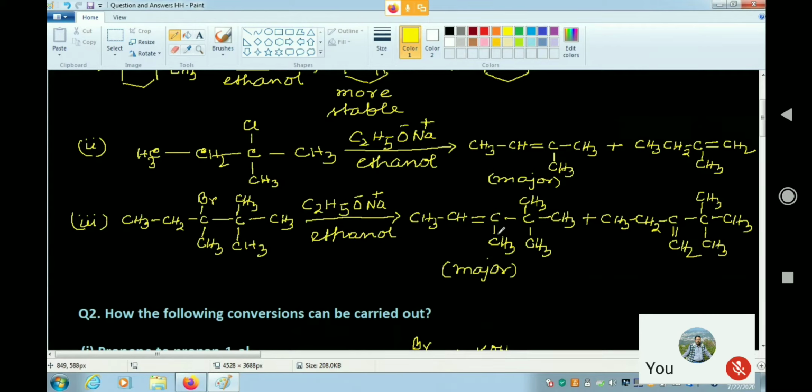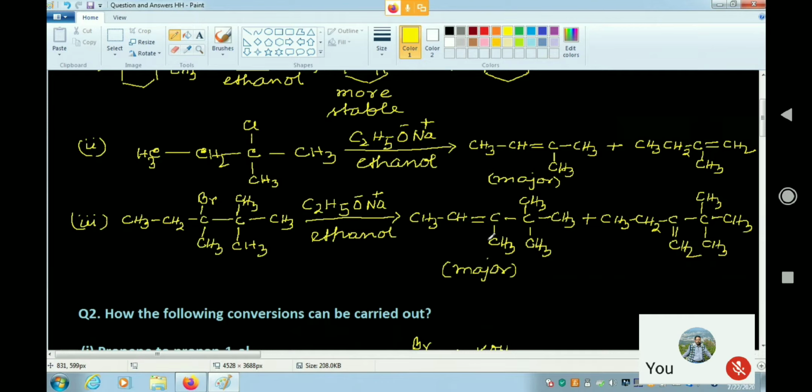So in this type of question, we have to predict which one will be the major product, and for that we need to use the concept of hyperconjugation, and also the concept of the more substituted alkene, called the Zaitsev product. That will be the major product.